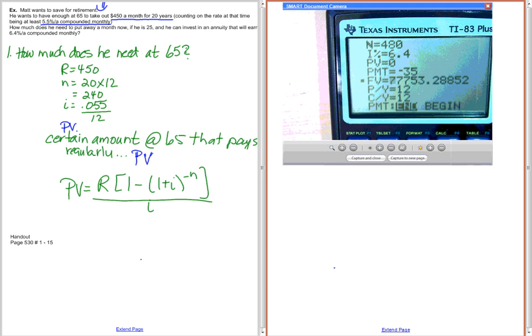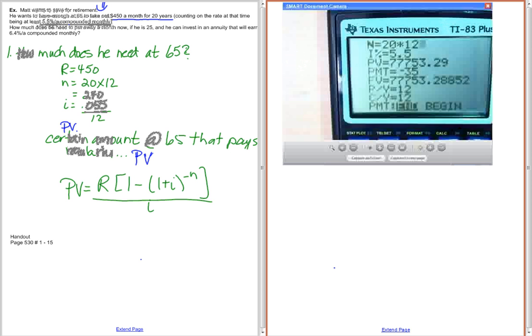So how much would that allow him to have as an older gentleman? 77,753.29, 5.5, 20 years. His future value is 0, and I want to know what he will get. Alpha enter. He would be able to have $534 a month if he would just up his payments by $6 a month.